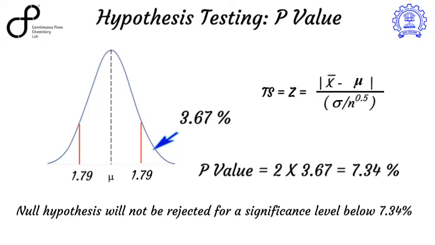If you recall, our null hypothesis was rejected at 10% significance level, but not at 5%. This is in confirmation with p-value. Therefore, the concept of p-value is extensively employed in hypothesis testing, as its value does not change with significance level.